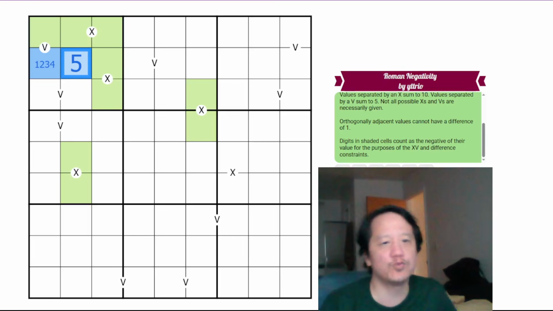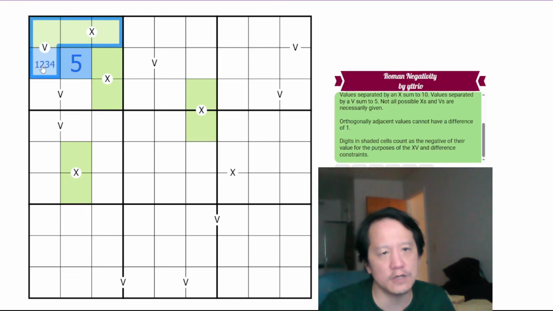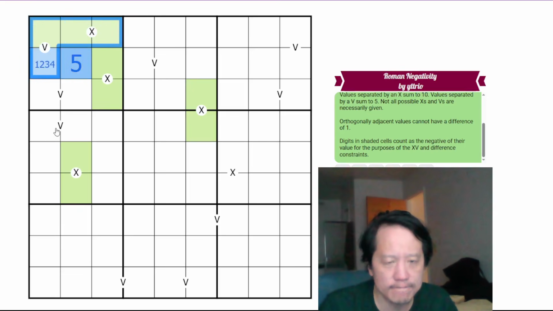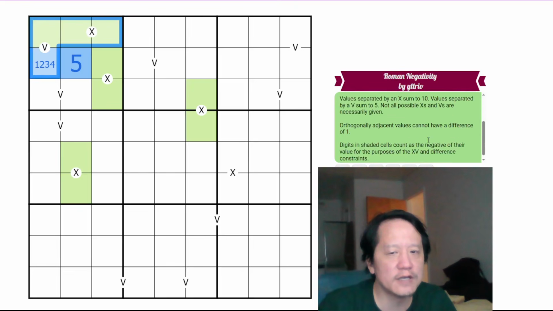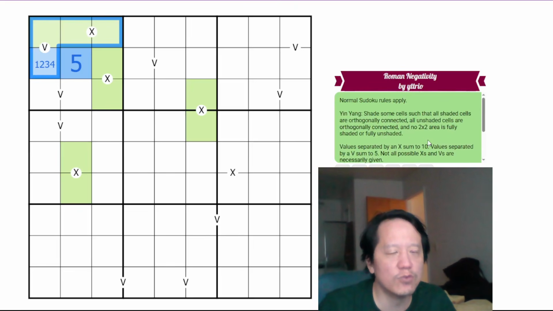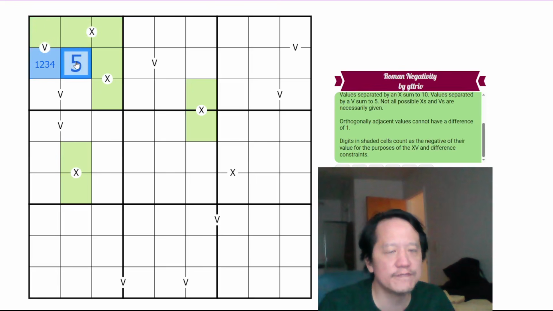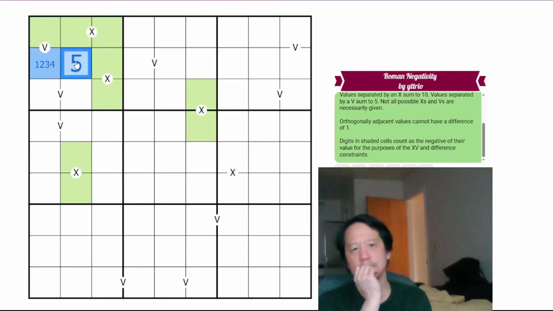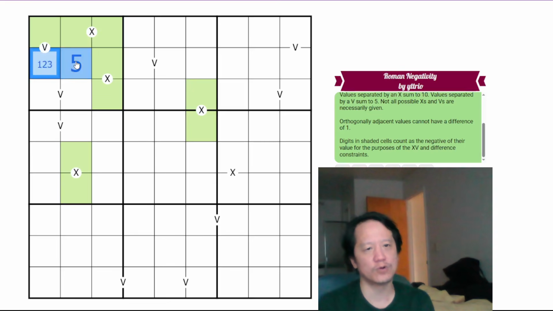So we have swapped digits here. That's interesting. Orthogonally adjacent values cannot have a difference of 1. So this is -5. So this cannot be -4 here, which means this is correspondingly 6, 7, or 8 here.